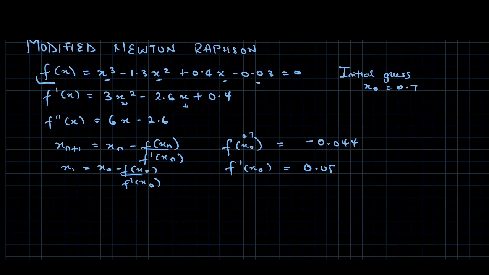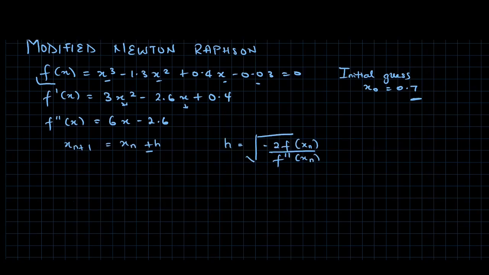Now when you put it back into the equation, you get x1 equals 0.7 minus 0.044 over 0.05, which is going to give you 1.58. See, this is a very huge jump from our initial guess of 0.7. So that's why we use modified Newton-Raphson instead.